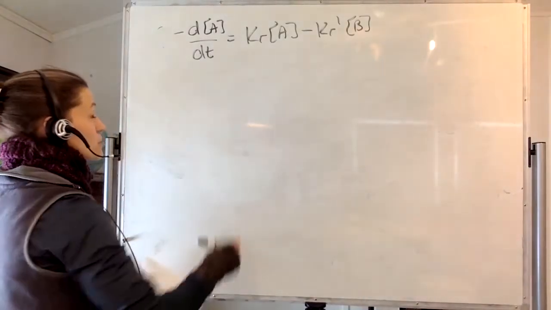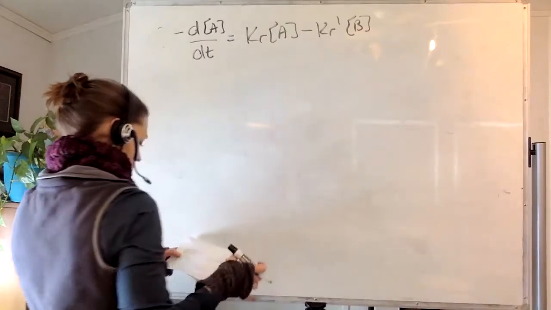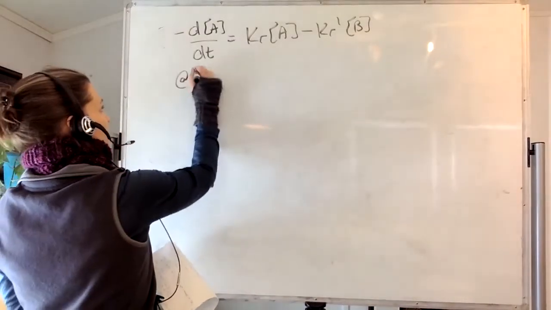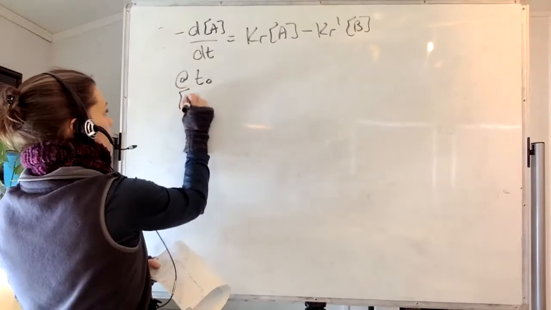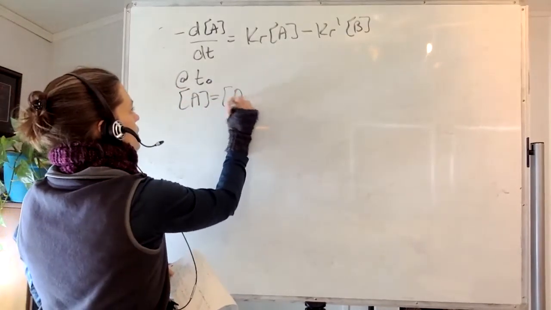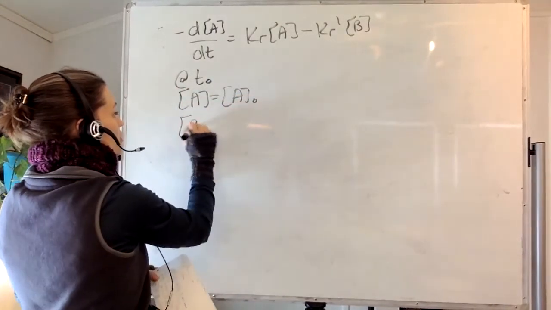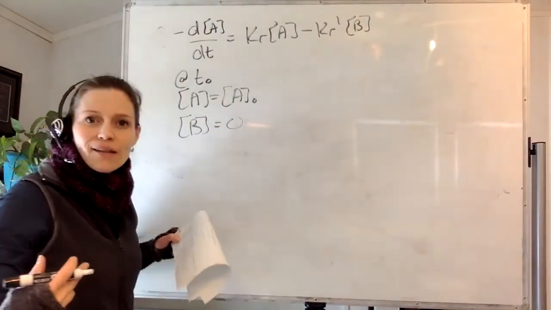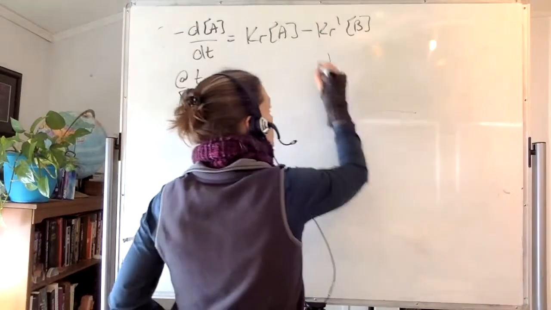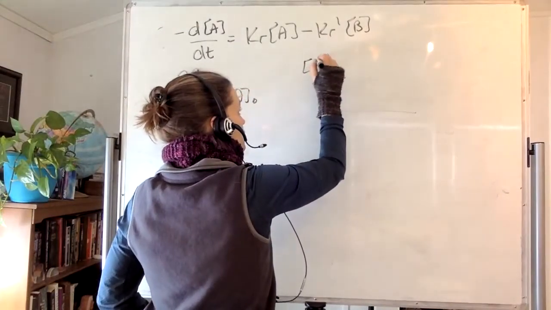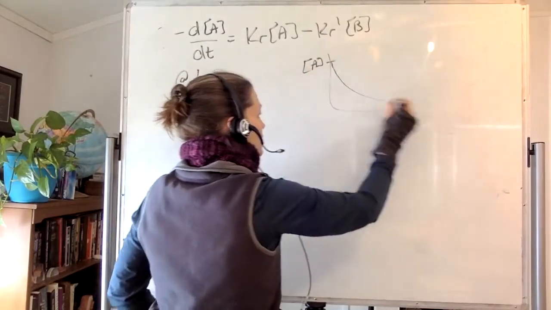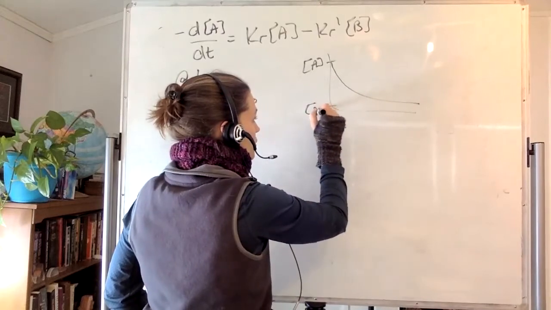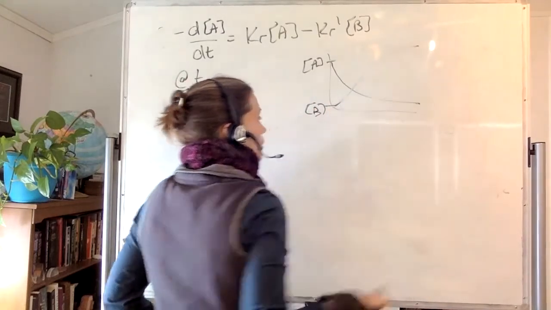Okay, so here's our equation. Minus dA dt is equal to Kr A minus Kr prime B. So the same idea: at t0, we know that the concentration of A is equal to A0, and we're going to assume that we're starting with 0 B. That just makes things easier. Let the system go towards equilibrium, so we're starting with some concentration of A, and let it decrease, starting with 0 B, and then let that increase.